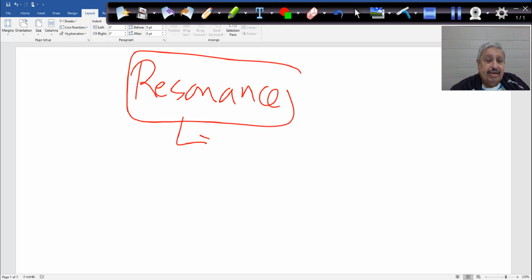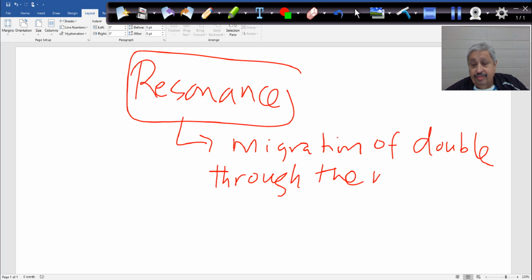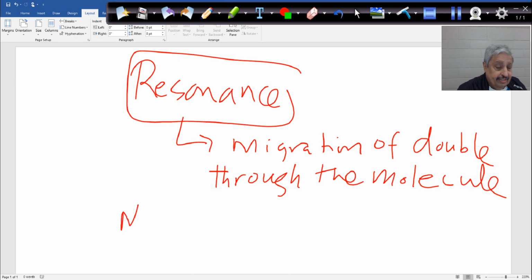A resonance is migration of the double bond through the molecule. Well, if I have nitrate, yes, I will give you the structure of nitrate here. Okay, guys, so nitrate will look like this one here.